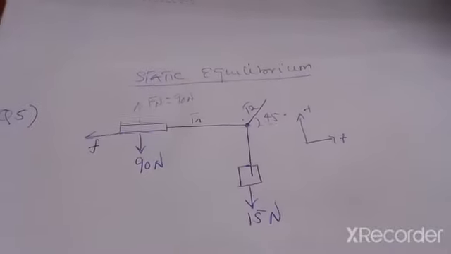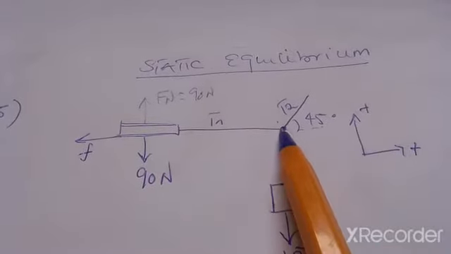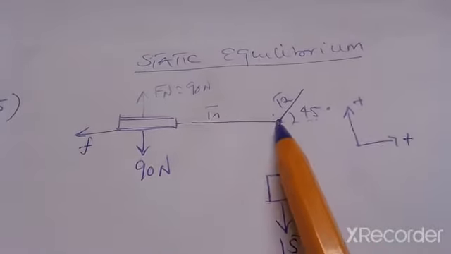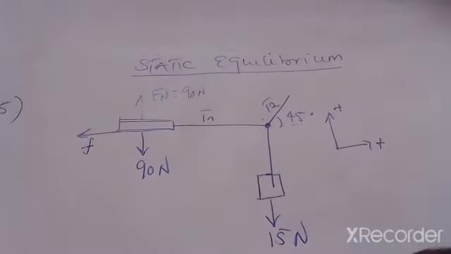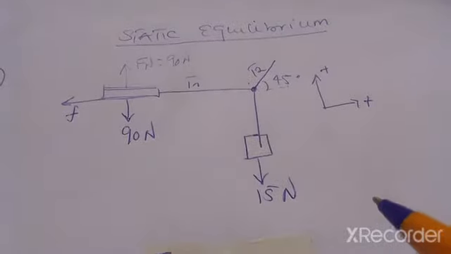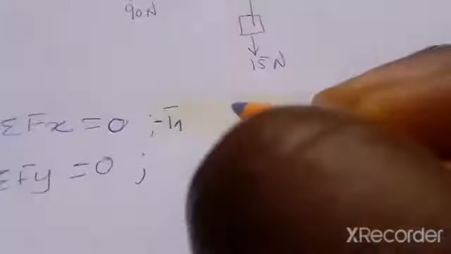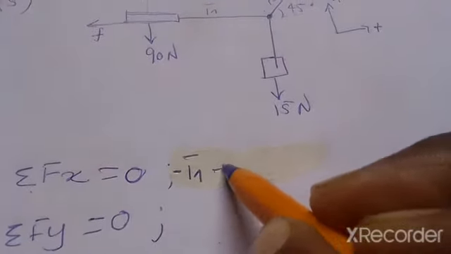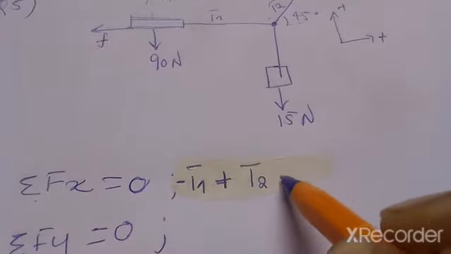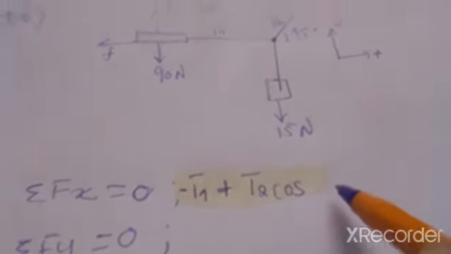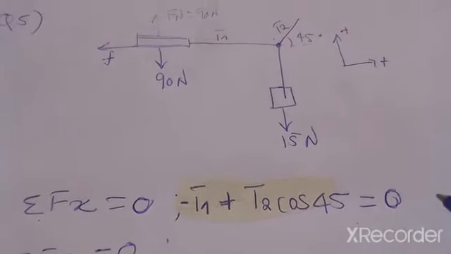In the x-axis we have T1, which will be negative, plus the other component, T2 cos 45. These two will give us 0.